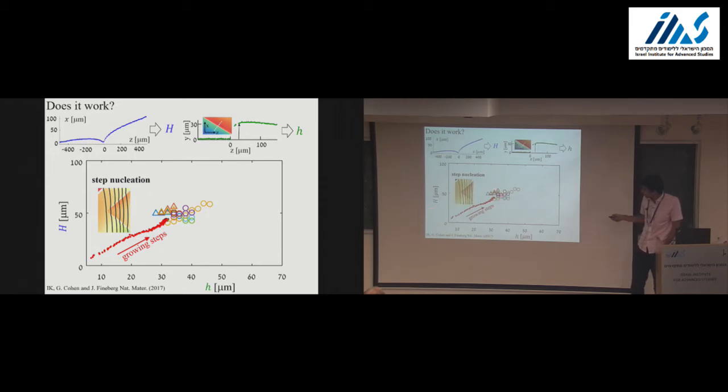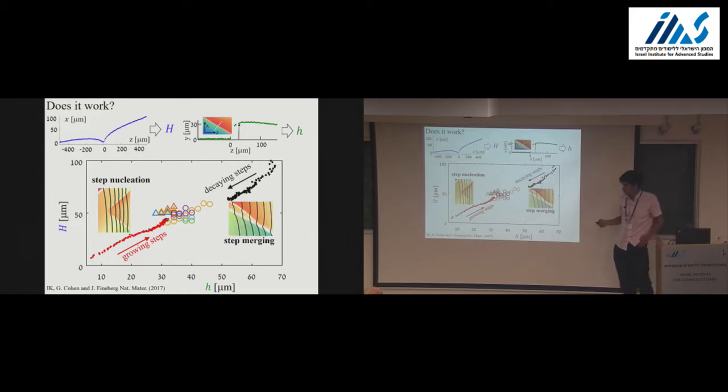We complement these measurements by an event of nucleation of two steps, where each point here is taken from a single crack front, and also an event of a merger of two steps. So two steps can merge, resulting in a big step, which then decays into the steady height. And overall, we see a proportionality between the predicted added area and the step height.